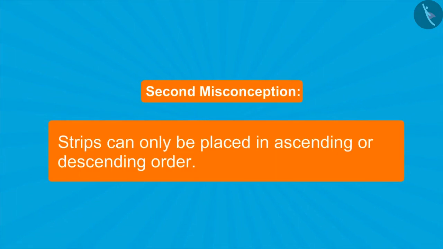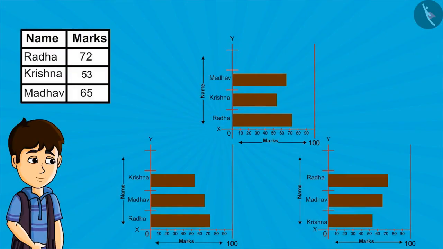Sometimes we also have this confusion whether we can place strips only in the ascending or descending order. But kids, we can place strips in any order. We only need to keep in mind that the strip represents the right value. Look at these three charts carefully.